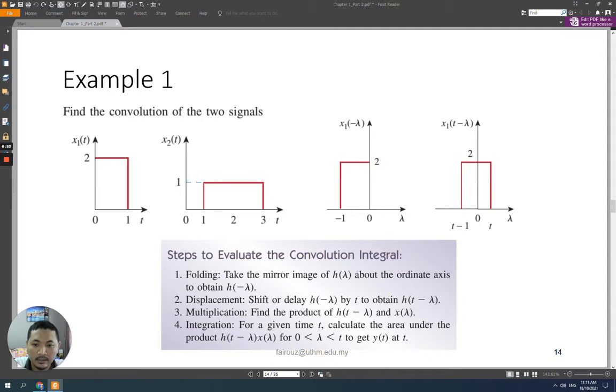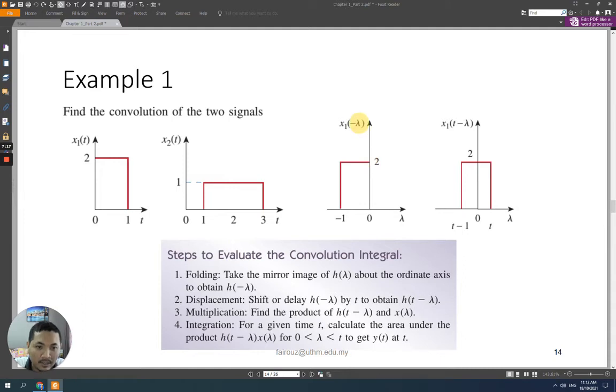And then displacement, that is the second step. Displacement means shift or delay the signal. Initially it was x1(t), referring to t, but now since we have folded it, it is x1(-lambda), where the negative refers to the fold.